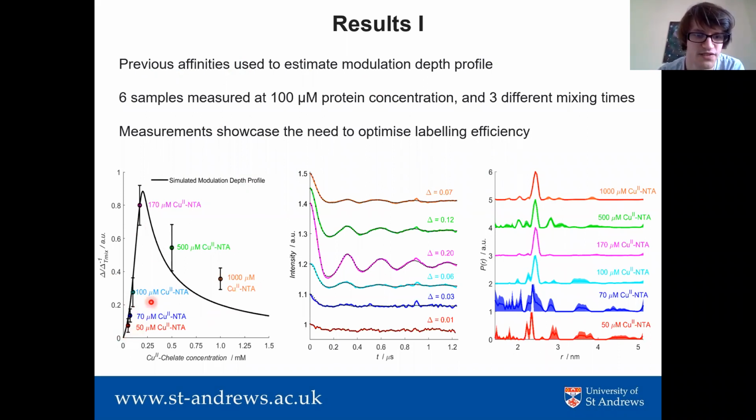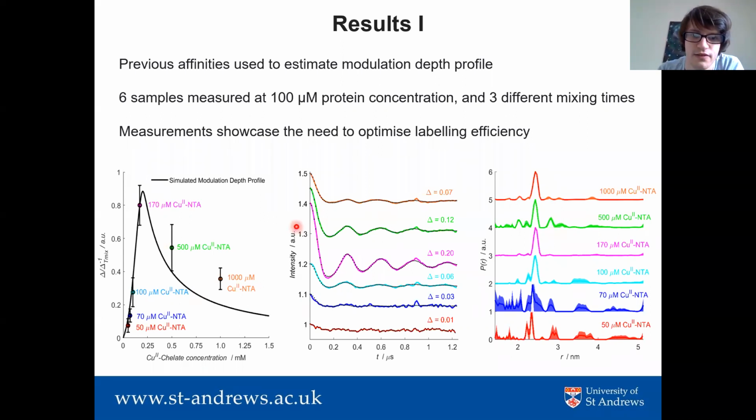And you can see that the experimental modulation depths follow this pattern reasonably well. Only under conditions of high concentrations do we see deviations. This is probably because of non-specific binding interactions. We also see from the corresponding distance distributions that we have some artifact peaks which survive validation. So that does seem to suggest we have non-specific binding, but I'll touch on this later on.